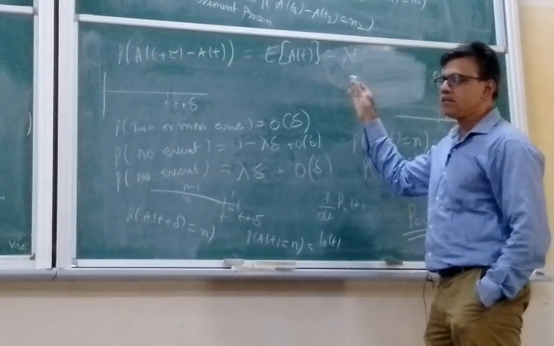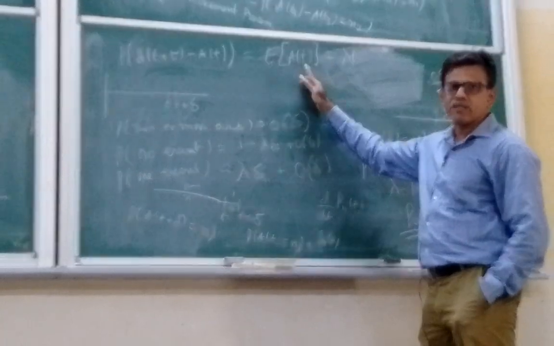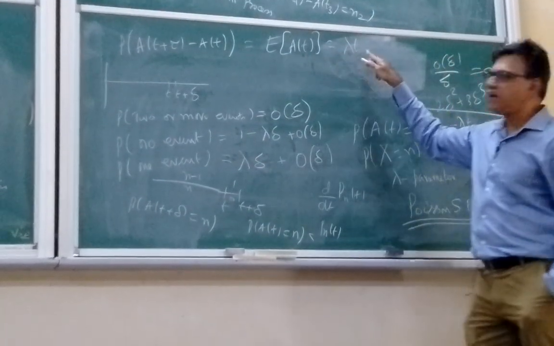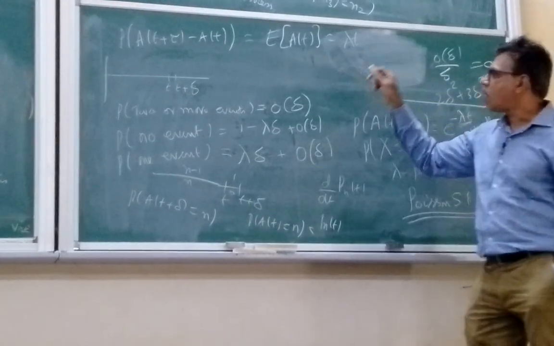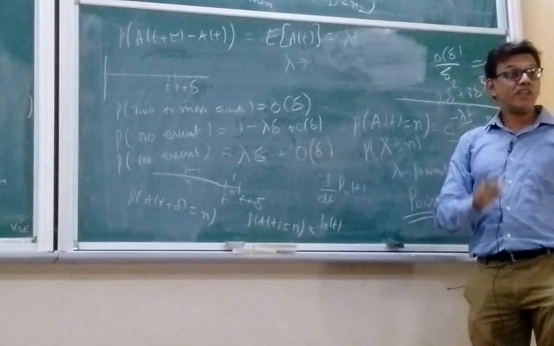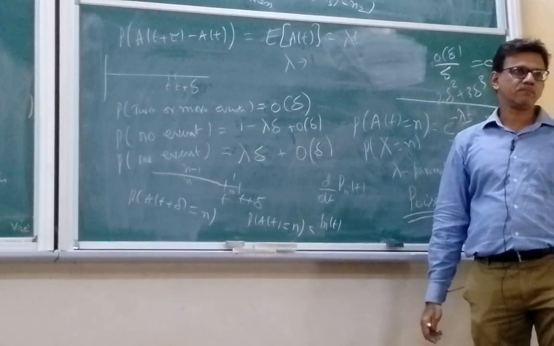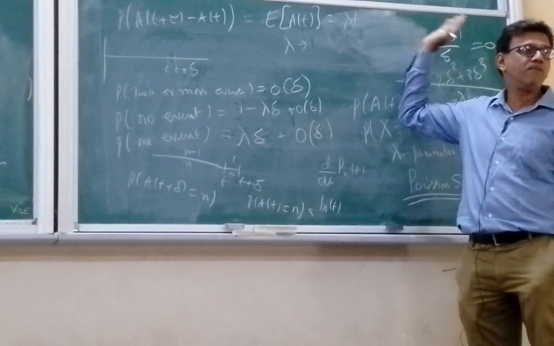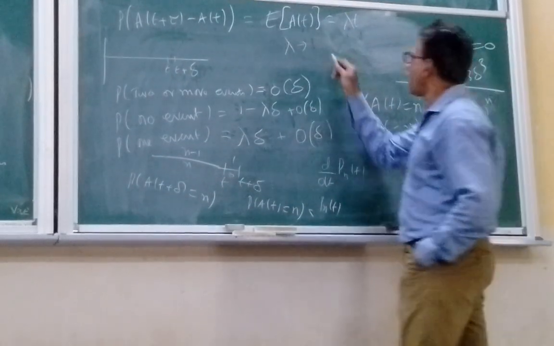So what it tells is the expected number of events in an interval of size t is lambda t. So I can interpret this parameter lambda as the rate at which events occur. Rate times interval gives the mean value, the expected value. So lambda is the rate.